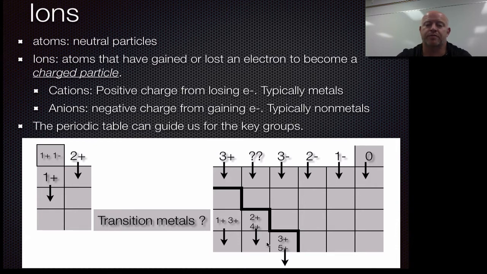Okay. Now we're going to jump to the board and take a look at why we would get these doubling effects down here. Why would we get more than one charge in some of these areas? If we take a look at group 13, let's pick one element out of there, let's say indium.